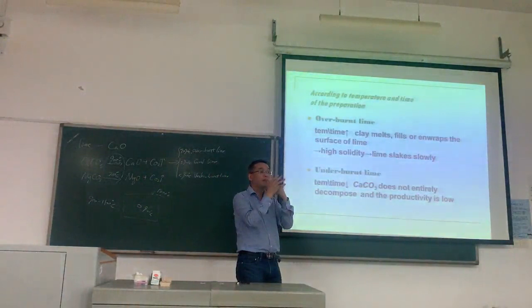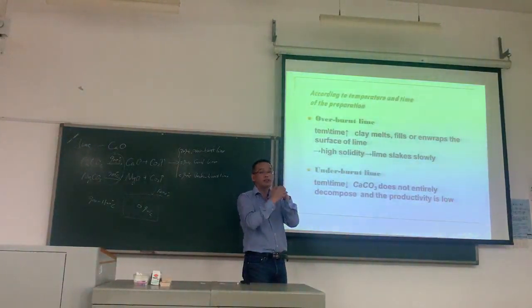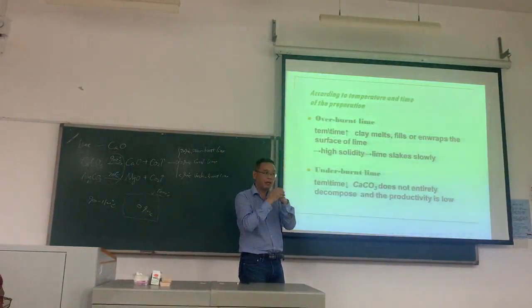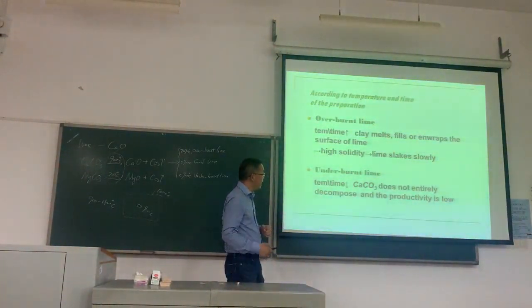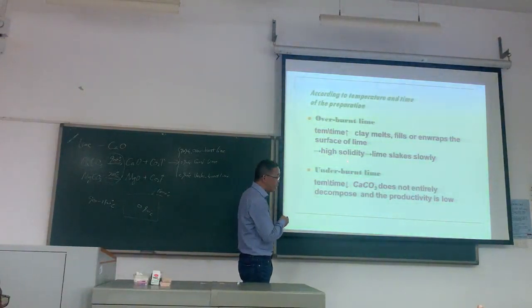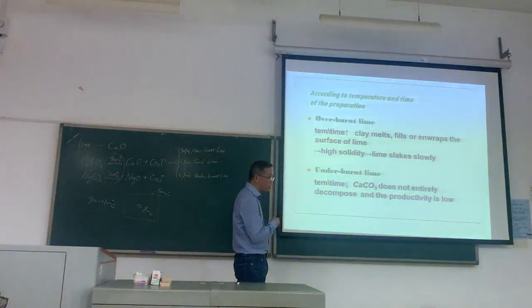But if the temperature is higher than 900 or the time is longer, the particle will be wrapped by the melted clay, and then it gets high density, and the lime slakes slowly.